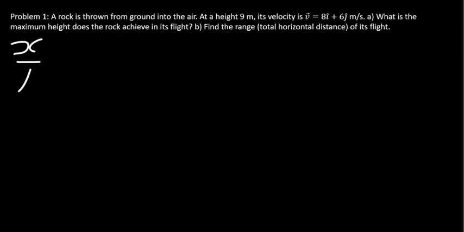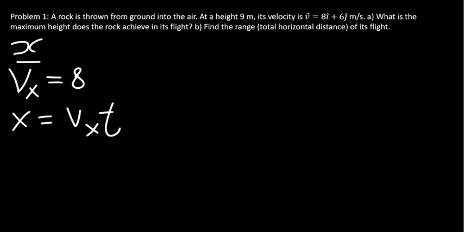So the speed of this rock along the x-axis is always 8 meter per second. Now what about the coordinate? Coordinate changes according to that equation, which is just 8t, because a_x is 0.